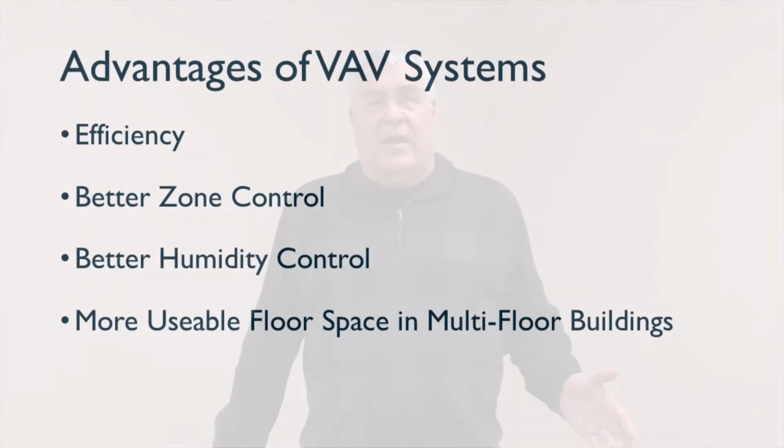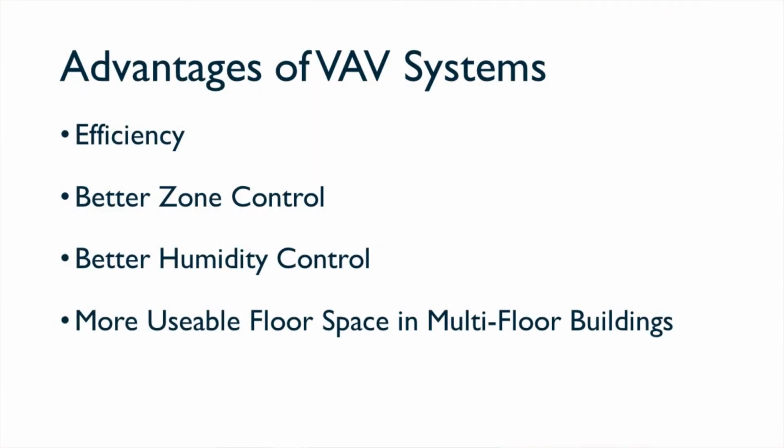When we get into two-story office buildings, a VAV system provides the owner more usable space on the second floor, because we don't have all the supply and return shafts to go from the roof down through the second floor to the first floor. So it gives you more usable space.